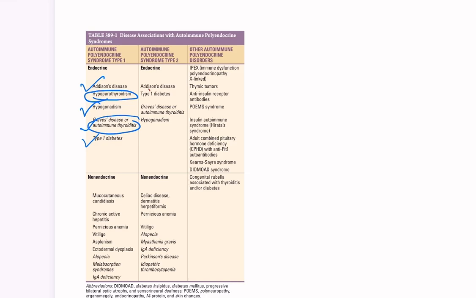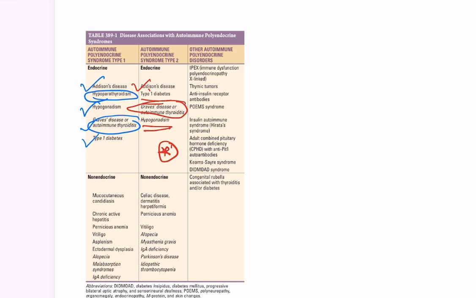While in APS2 there is again Addison's disease, type 1 diabetes, Graves' disease, and hypogonadism, but there is no hypoparathyroidism seen in APS2.